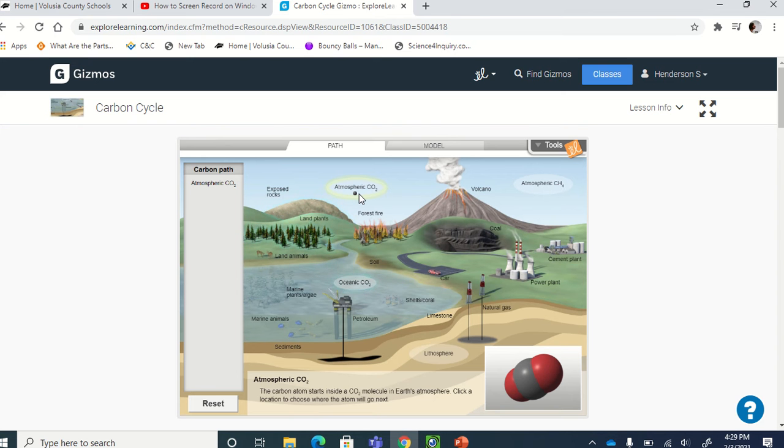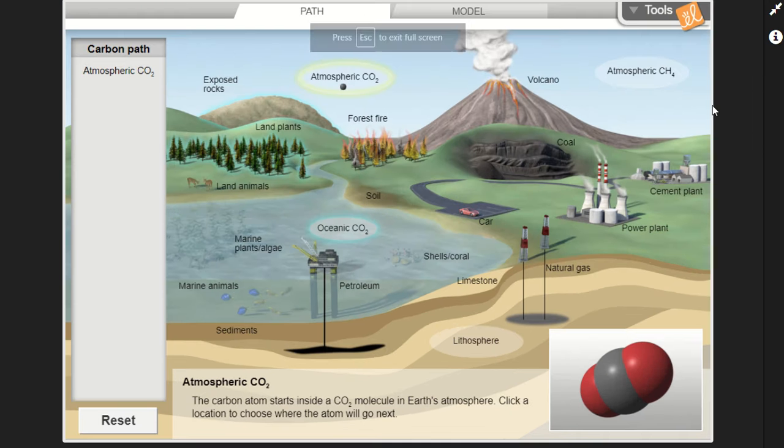To begin, you notice the black dot, which is right here. Let's see if we can make this bigger. There we go. So there's our black dot. That is in the atmospheric CO2 area, highlighted in yellow. Now, the glowing blue areas are land plants, oceanic, those are the only two that are really glowing, and the exposed rocks.